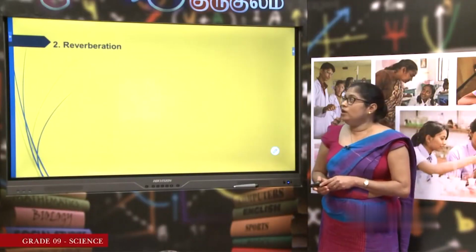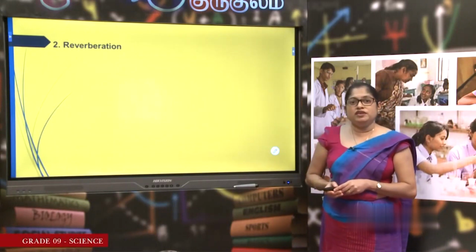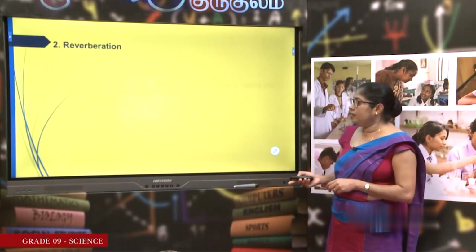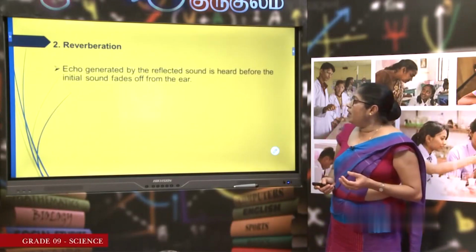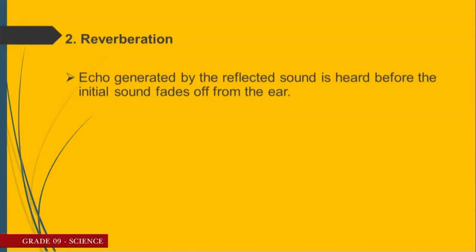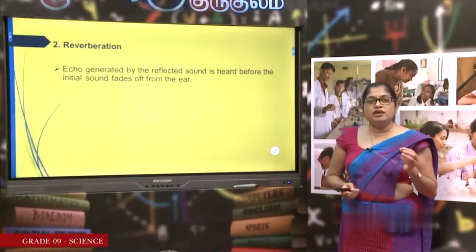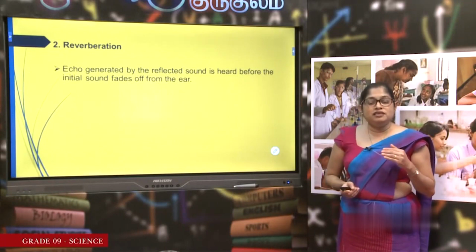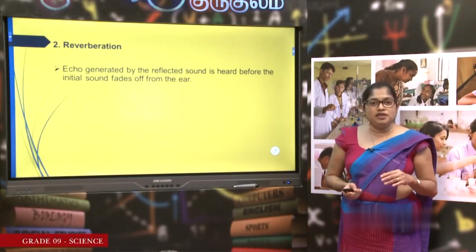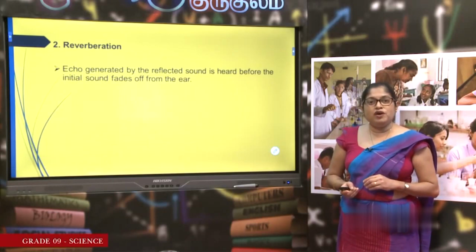So, let us see what reverberation is. The echo generated by the reflected sound is heard before the initial sound fades away from the ear. As I told you earlier, when we hear a sound, it persists in the ear for some time, that is 0.1 second.